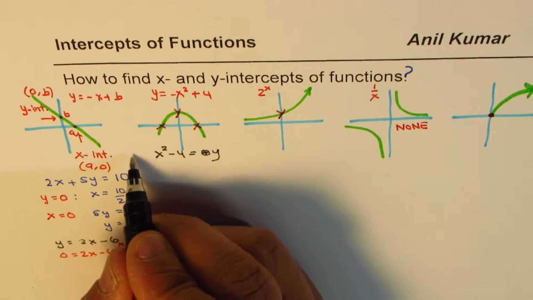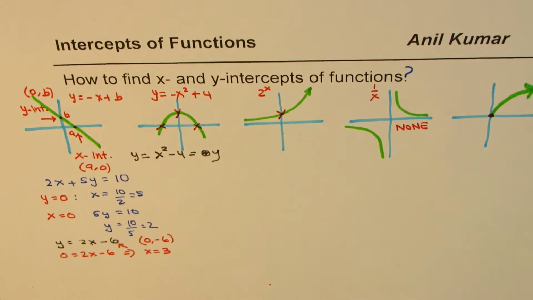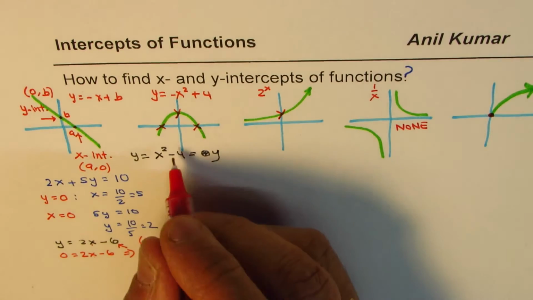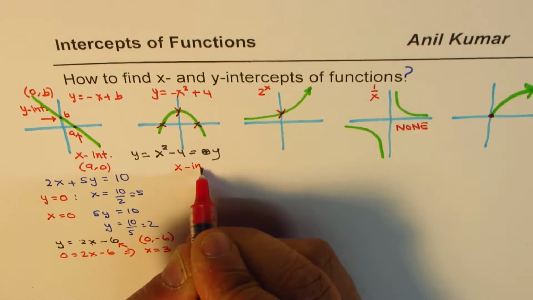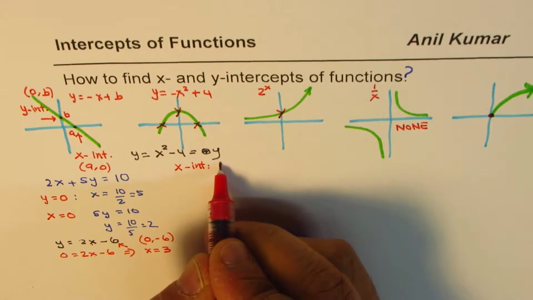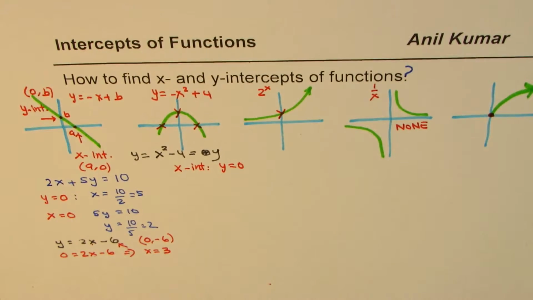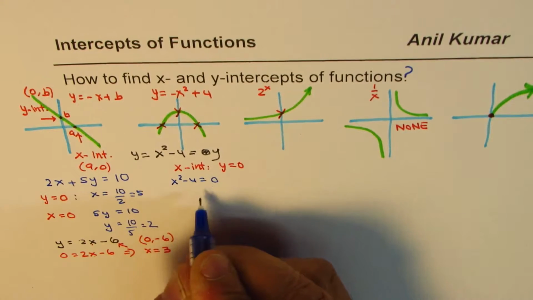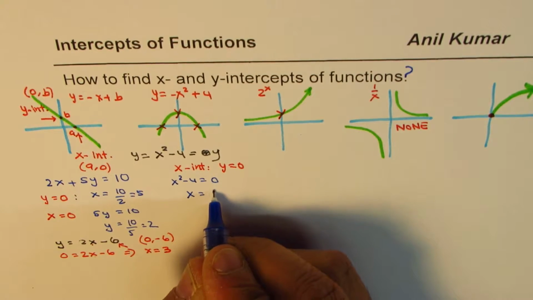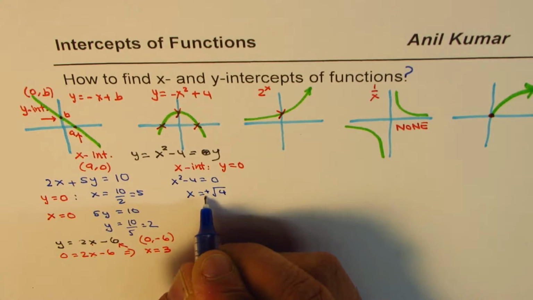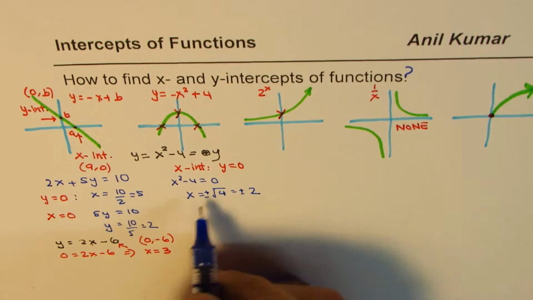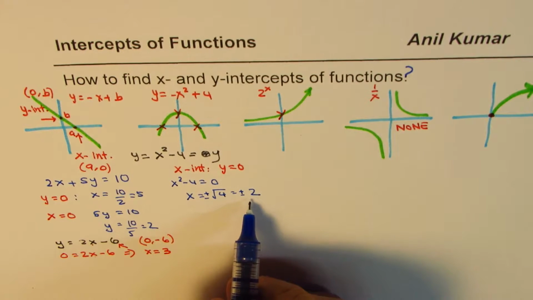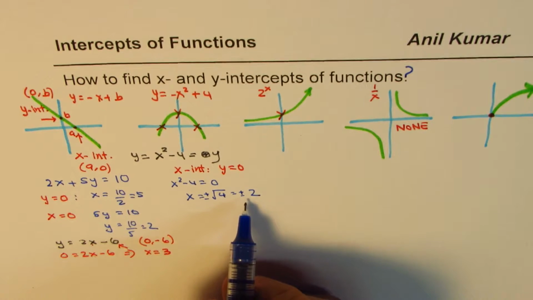So my equation is y equals x squared minus 4. To find the x-intercept, I will set y equals 0. So what I get here is x squared minus 4 equals 0, or x equals square root of 4 with plus and minus, that is plus minus 2. So we get plus minus 2 as the x-intercepts.